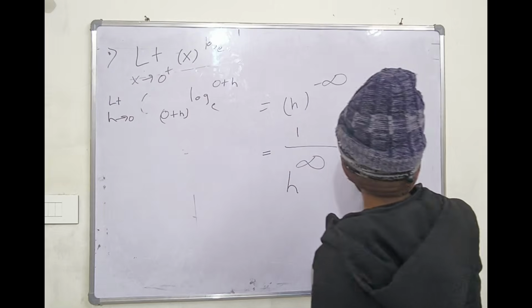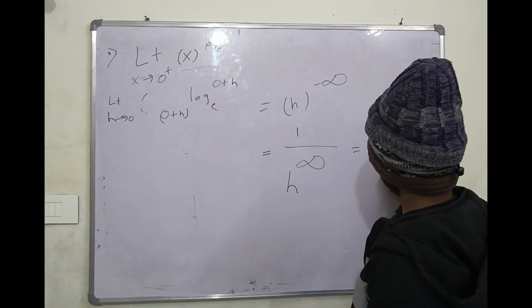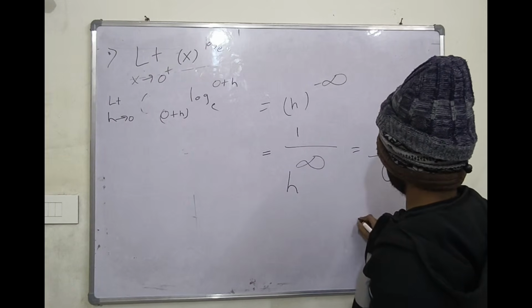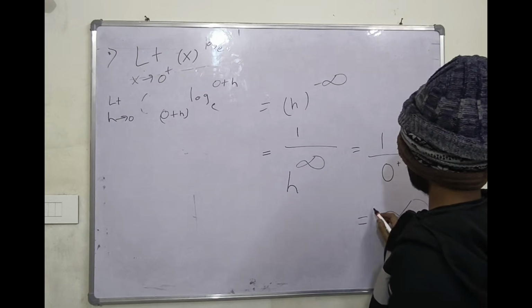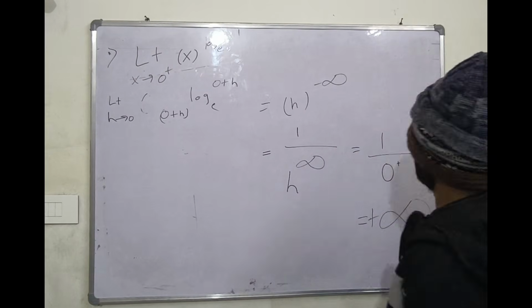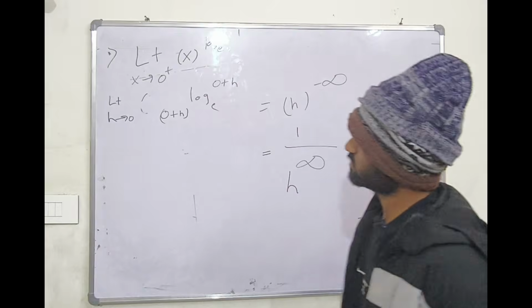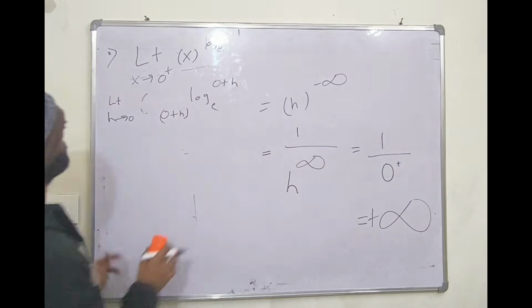So just greater than 0 plus tending to infinity is tending to 0 plus, just greater than 0. So it is again tending to 1 by 0 plus, which is tending to plus infinity. Understood? So the right hand limit is plus infinity. Very easy question.